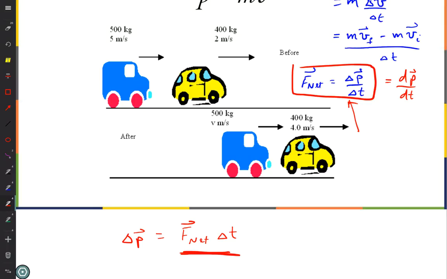If I have a collision between two cars, during the time that they're actually crunching, the force of one car and the other is really large compared to the force of friction during that time. And so we can say the force of friction is also negligible during that time because it's so small compared to the force. So there's two reasons to say during the collision, momentum's conserved. Not before and not after.